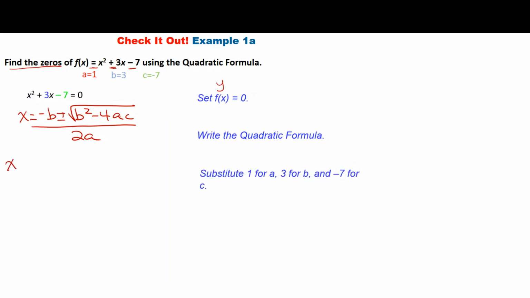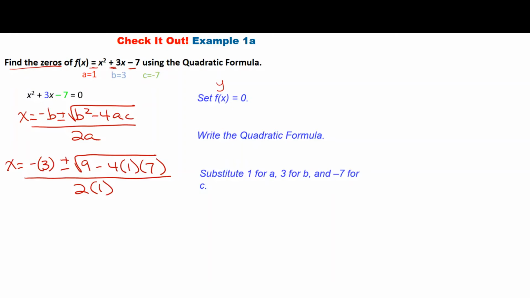So we're going to say x equals negative, and b is 3, so negative 3, plus or minus the square root of b squared. So that's going to be 9, minus 4 times a, which is 1, times c, which is 7, all over 2a, and a is 1. Okay, there we go.